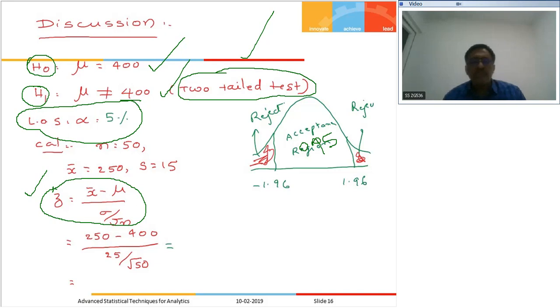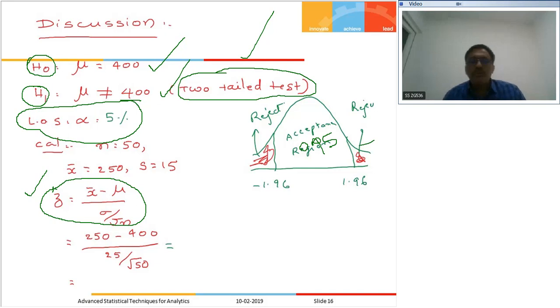Now the leftover 5% is called the level of significance. Because it is a two-tailed test, we have to distribute this to the left as well as the right. That means this 5%, which is 0.05, I have to divide it, and then it comes here.